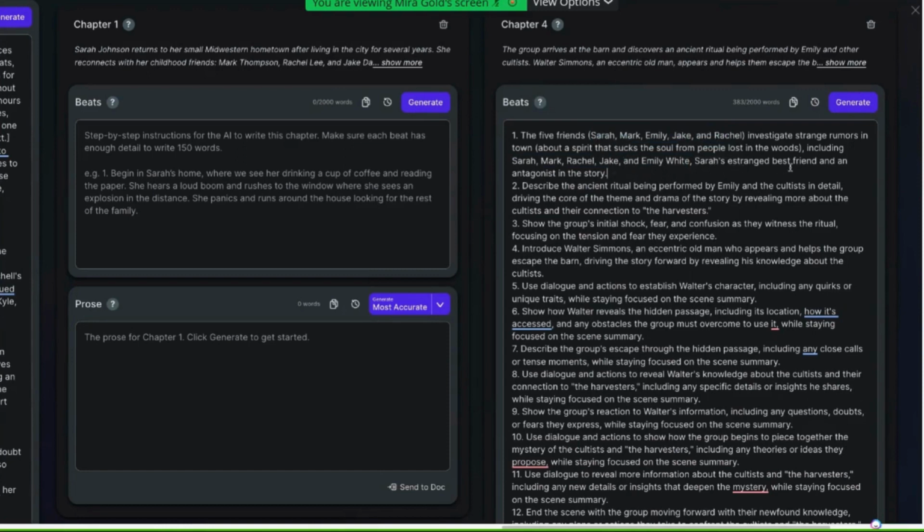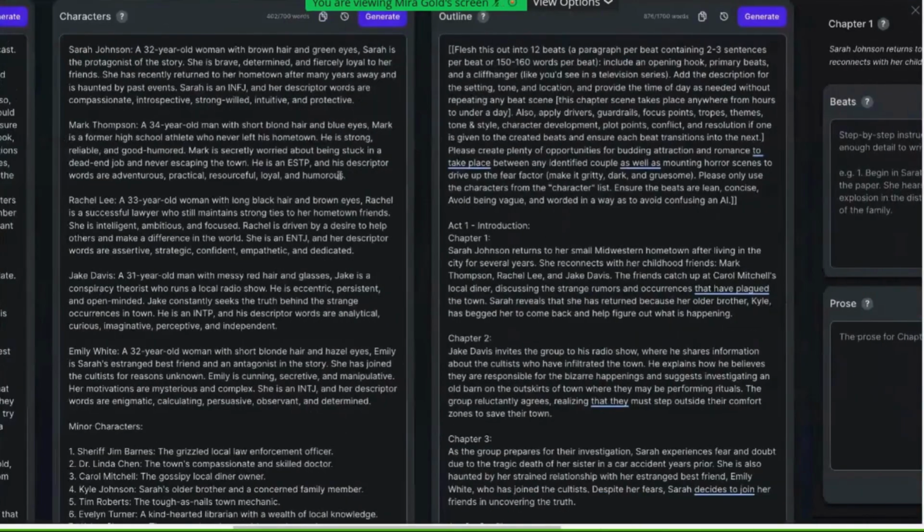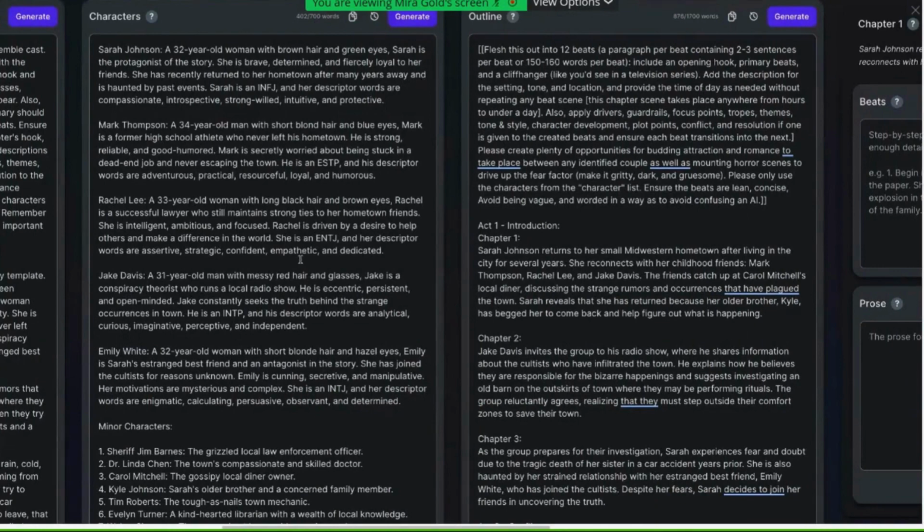Now, Sarah's a strange best friend and an antagonist in the story. Well, you know what? I need to know who the antagonist is in the story. Don't rely on your AI to come up with that information for you. You need to be clear on who these individuals are.